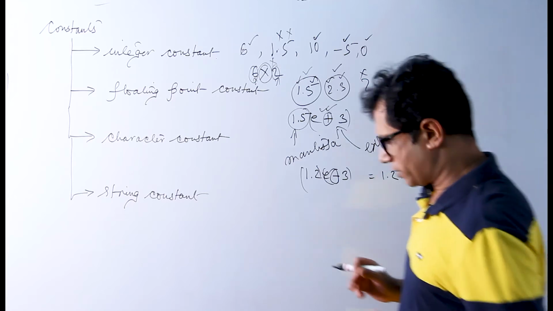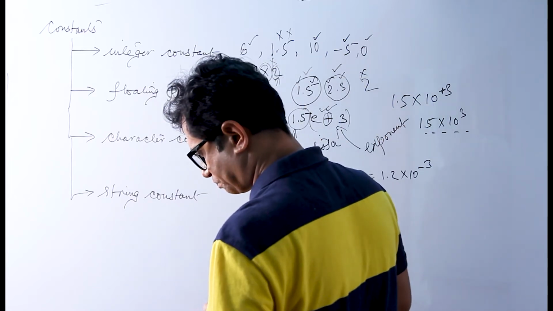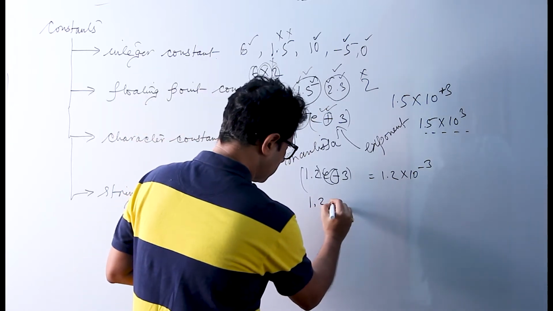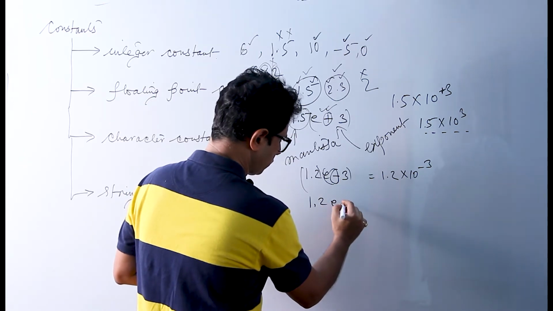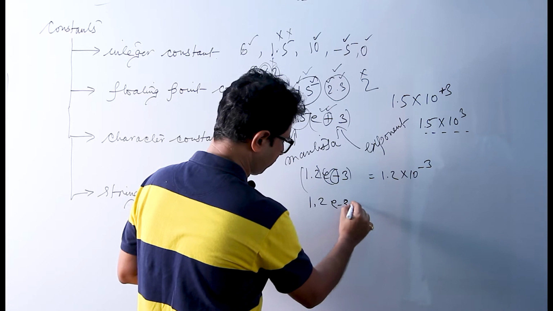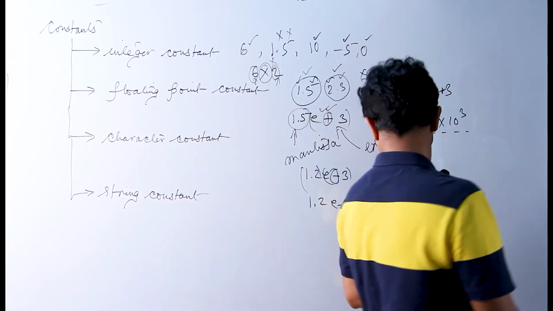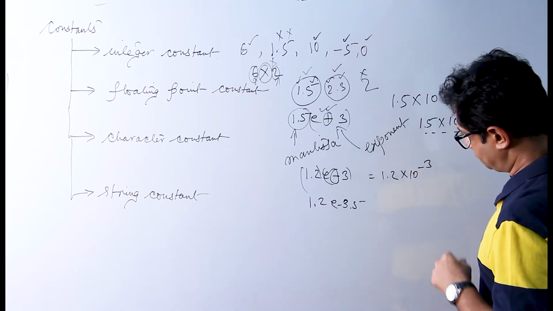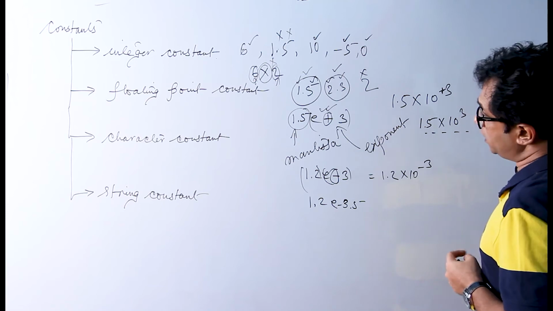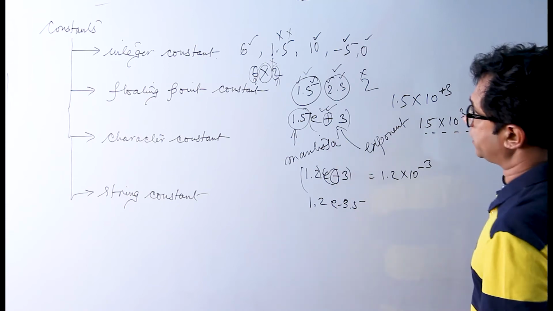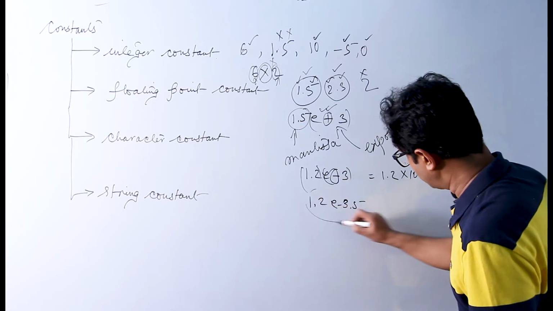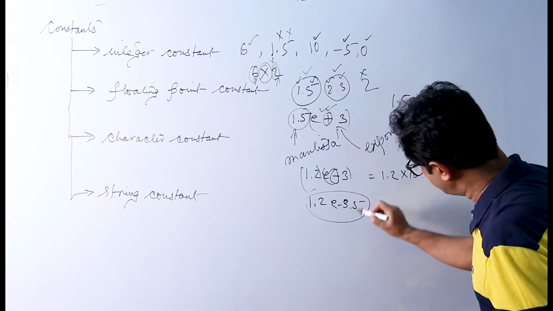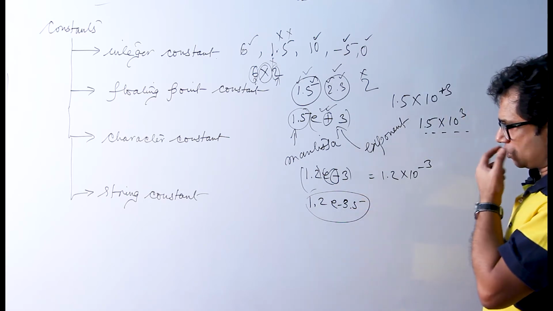We can also write in this manner and check whether it is a floating point constant. Suppose I write like this: 1.2 e minus 3.5. What is this? This is not considered to be a floating point constant in our case, because it is taken to be invalid, because a floating point constant has the exponent part attached in an integer format.